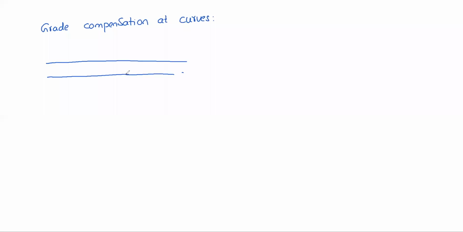Grade compensation at curves. So generally on straight portions, okay. Suppose the road is straight like this, suppose it is the plan.